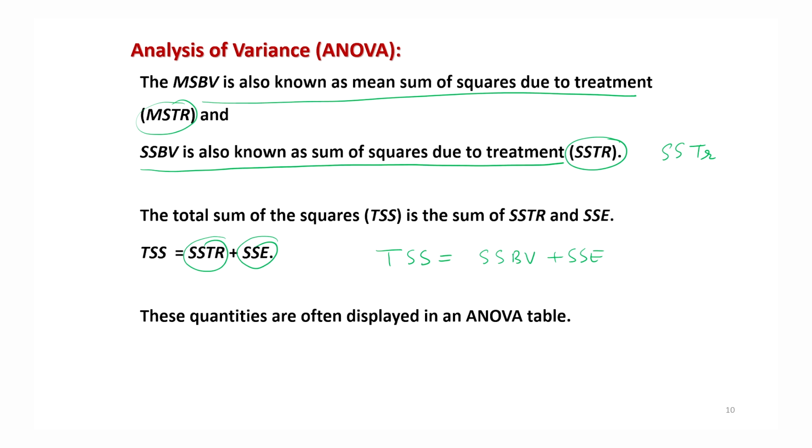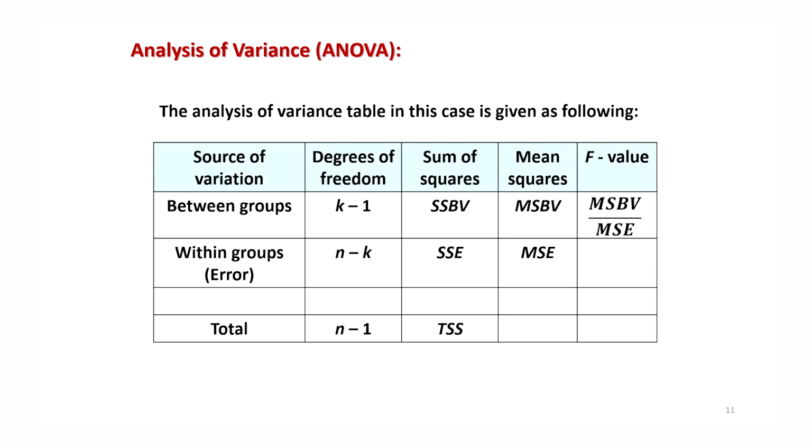And these quantities are very conveniently displayed in the form of an ANOVA table, right? This is a very simple table which compiles all the information in one place. The first column is the source of variation, which is between groups and within groups, where within group is actually error, and then we have the total. The next column is degrees of freedom.